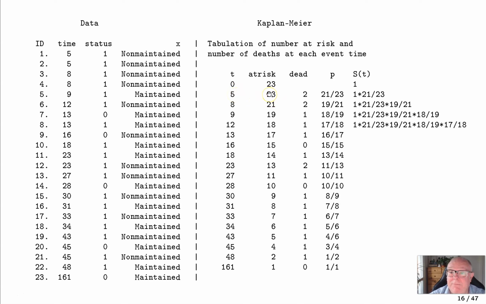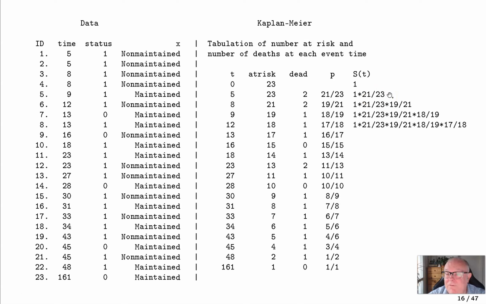There's still 23 people at risk, and we have 2 deaths. So, what's the probability of dying within this interval? Well, it's 2 over 23. What's the probability of surviving this first little interval? It's 21 over 23. So what we do is we multiply whatever the survival function was by 21 over 23.